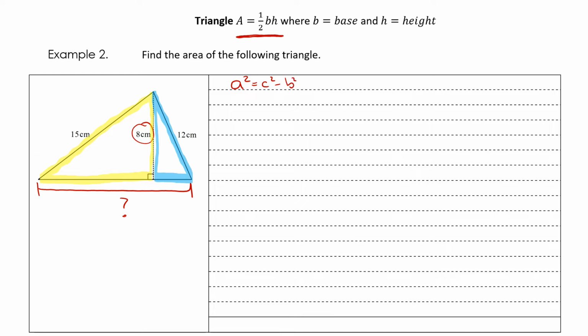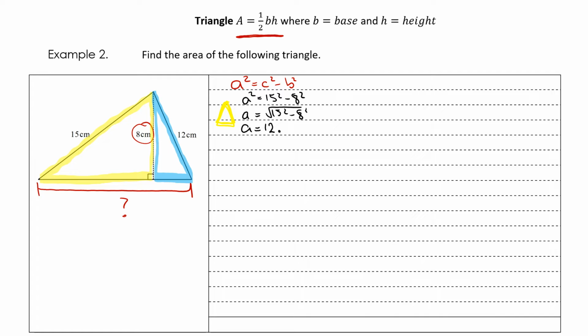All right, so let's do the yellow triangle first. We have a squared equals 15 squared minus 8 squared. A equals the square root of 15 squared minus 8 squared. Let's put that in the calculator. Square root of 15 squared minus 8 squared equals 12.6883.